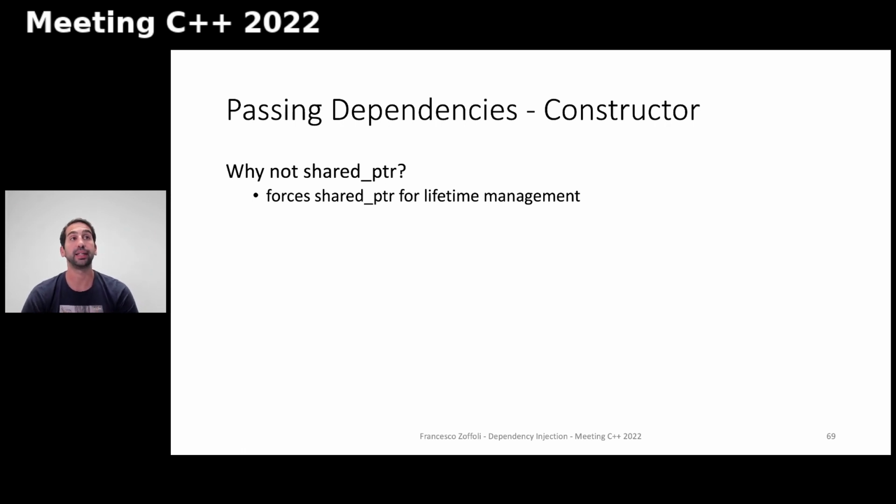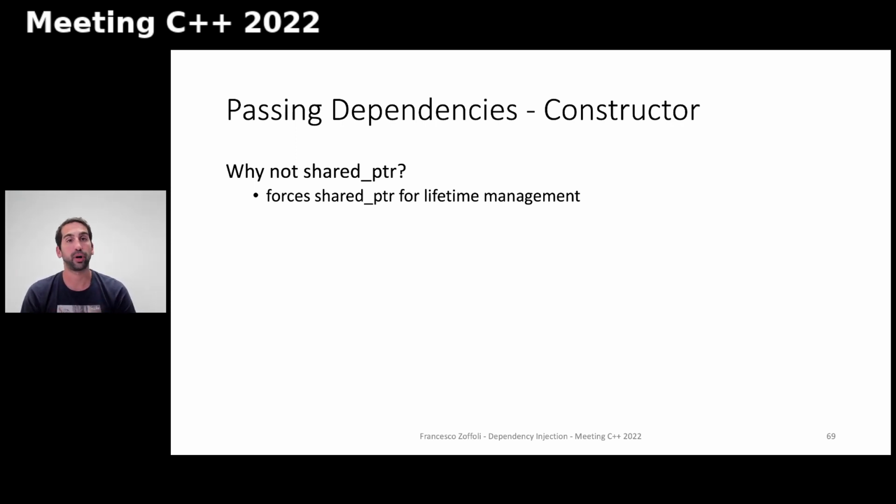You would need to either infect your code with this new managed pointer, and then later changes become harder, or you might have to translate from this managed pointer to a shared pointer.